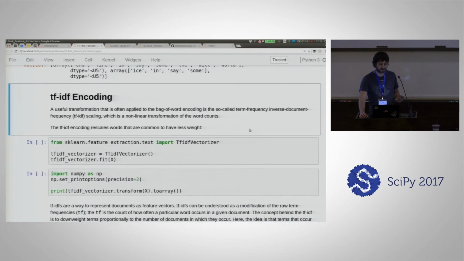The actual formula doesn't matter that much, but basically you divide the counts of each word in a document by the logarithm of the frequency over documents. So if something appears in basically all documents, it's going to be downweighted a lot. You can think of this as soft stop words. Stop words are words that appear very often and that you often want to remove. This does something similar: the more frequent something is, the less important it is.